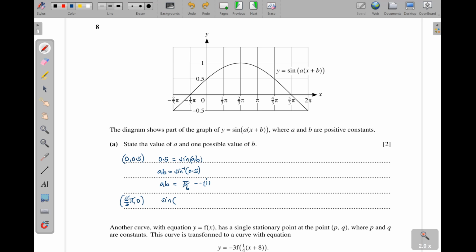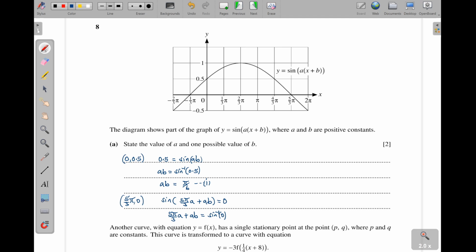If I open the brackets, x is 5 pi over 3, so we have 5 pi over 3 of a, then plus ab. When you multiply here, this one shall be equal to 0. So when you get the arcsine, 5 pi over 3 of a plus ab will be equal to the arcsine of 0, which is actually 0.